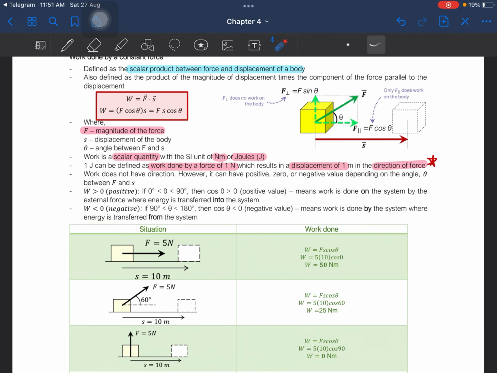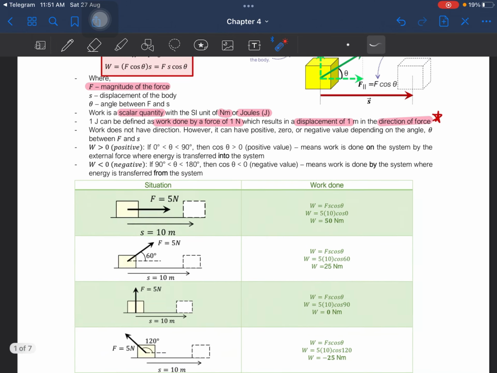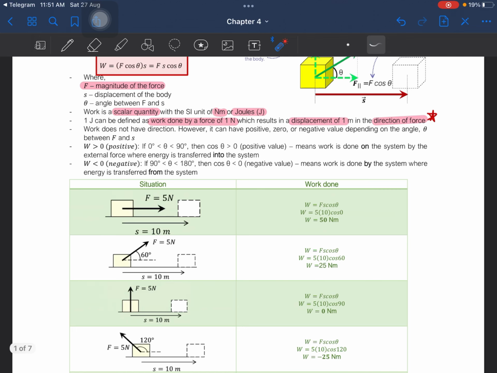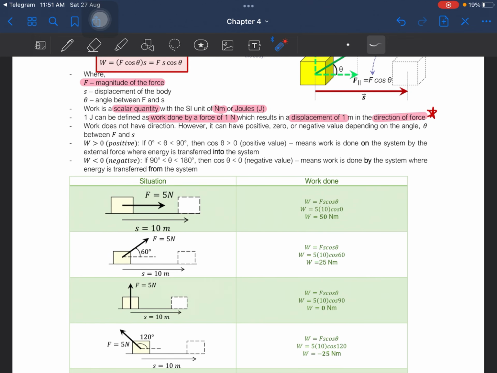If the work done is greater than 0, which is positive, the work is done on the system by the force, where energy is transferred into the system. When work done is negative, it means the work is done by the system instead of on the system, so energy is transferred from the system.